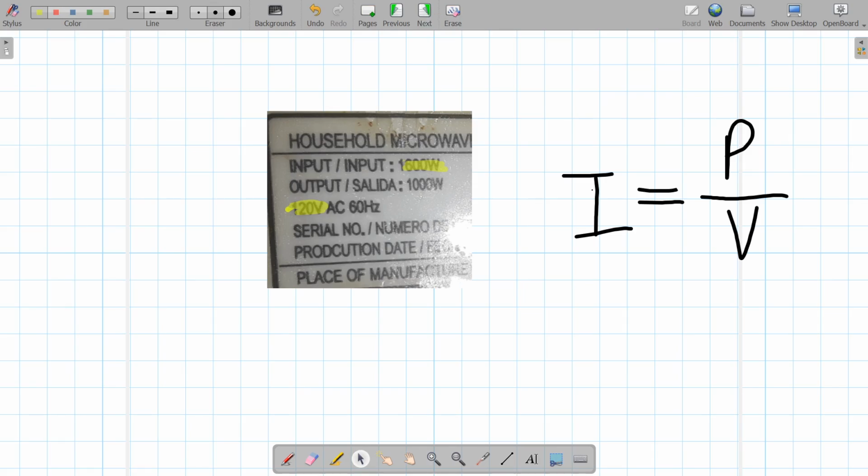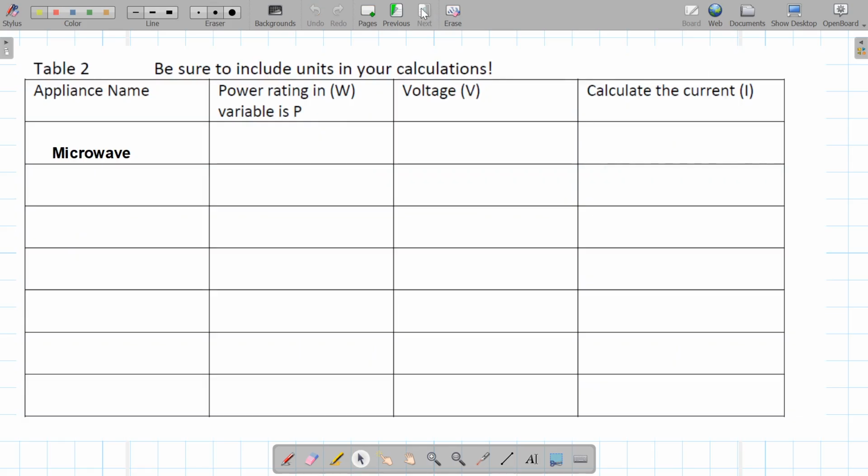So the power rating is 1600 watts. And note, we don't need to convert here because, again, we want watts, not kilowatts for this particular table. And we said the voltage was 120 volts.